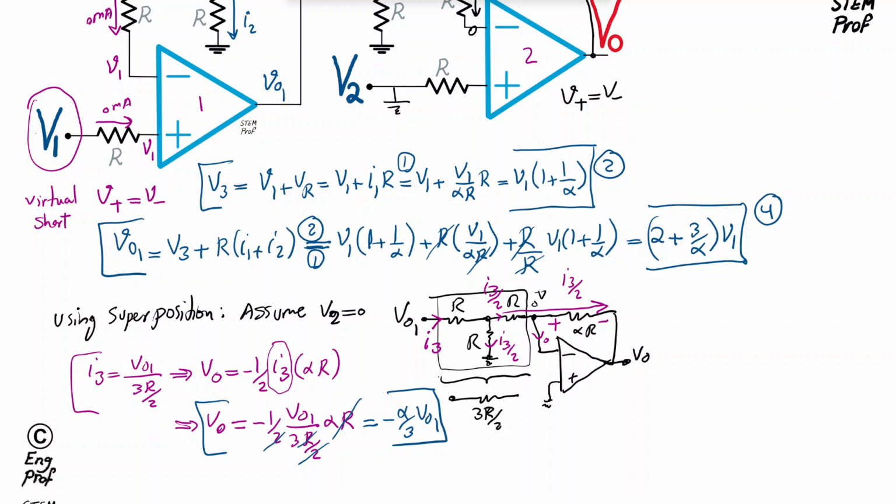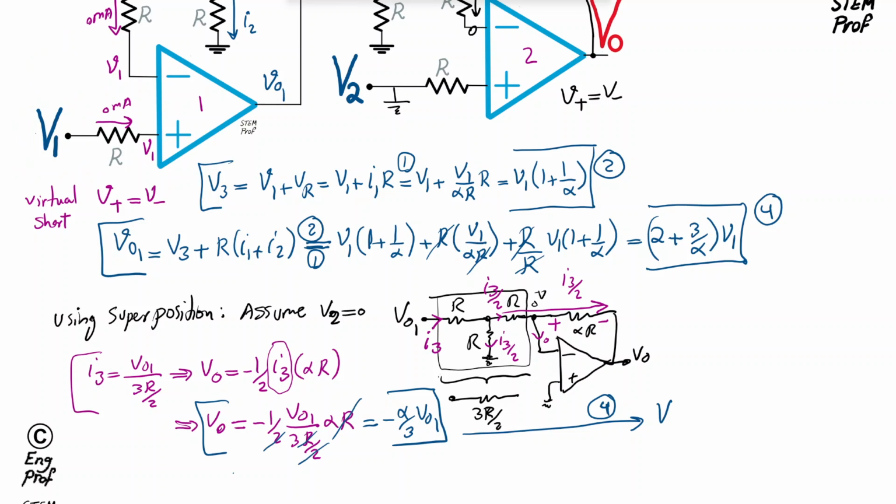But then I can use equation 4 here. So I'm going to substitute for V out 1 from equation 4. And then I'm going to define V out as a function of the contribution from V1, which is the only active voltage in the circuit because we assume V2 is not there in the superposition.